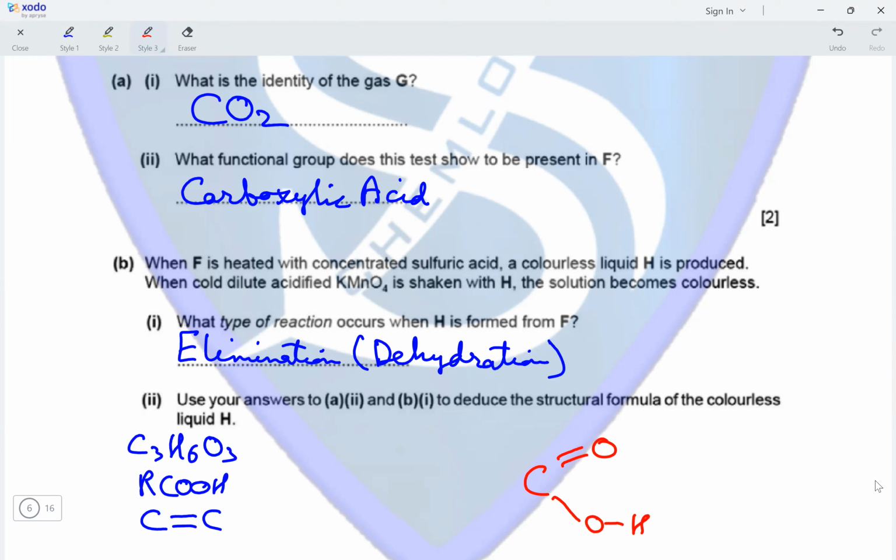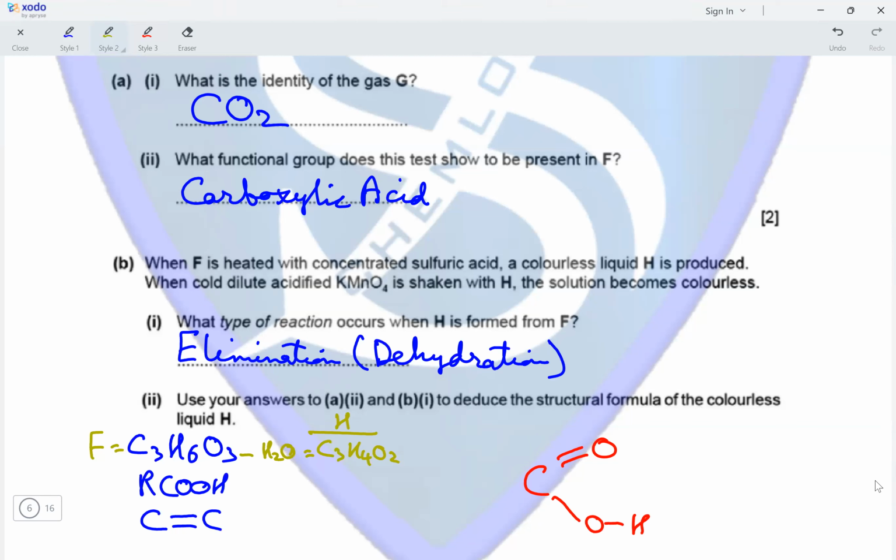So we can start off with the carboxylic group COOH, and then we have, oh, but C3H6O3 is the molecular formula of F, not H. So we have loss of two hydrogen and one oxygen. If we minus H2O from this, the molecular formula of H becomes C3H4O2.